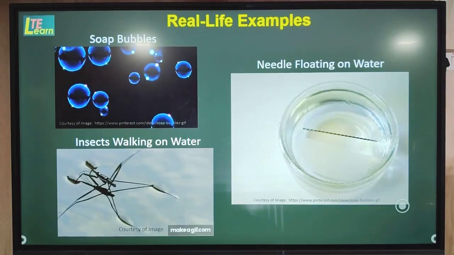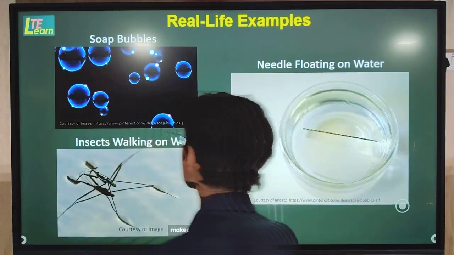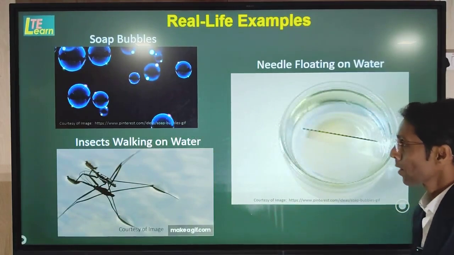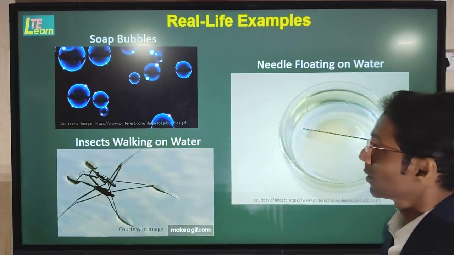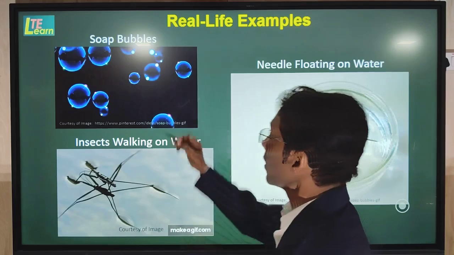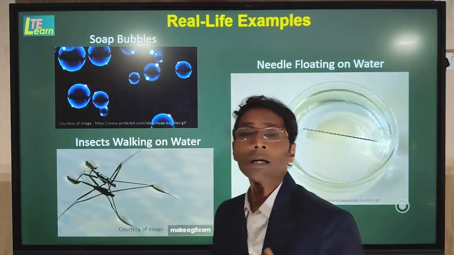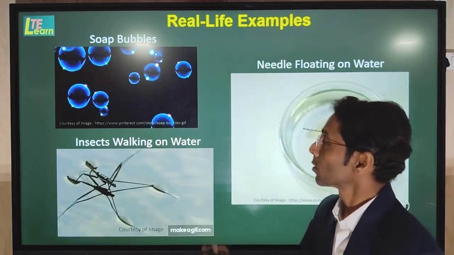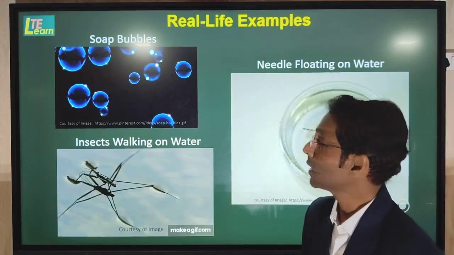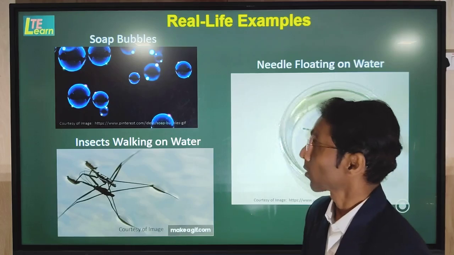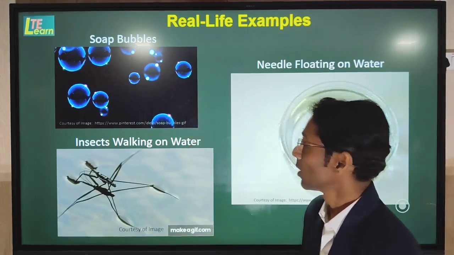Let us see some real life examples. These are some natural occurrences which we observe in our day-to-day life. Soap bubbles, bubble formation with soap water. Normally children play with toys forming soap bubbles.